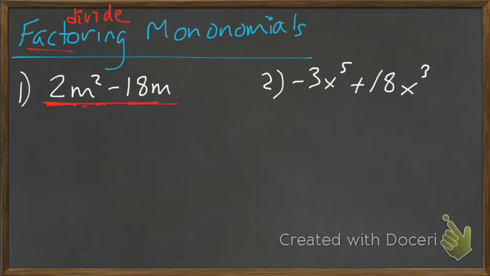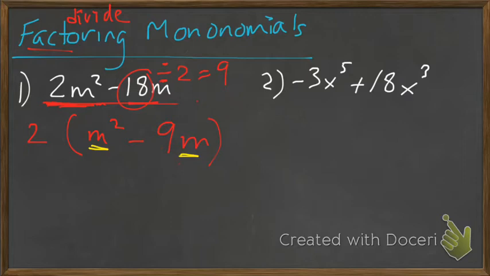So I'm going to erase all of that. And I know I can pull 2 out of this first value. So I'm going to put a bracket there. I'm left with m squared subtract. If I take 2 out of 18, 18 divided by 2 equals 9. I have 9, and I still have m. Now if I look at this, I still have m squared here, and I still have m here.